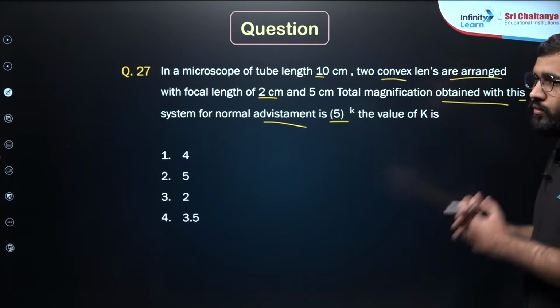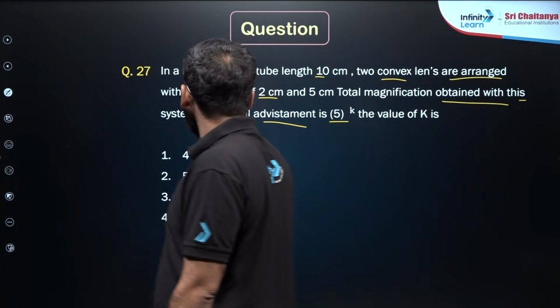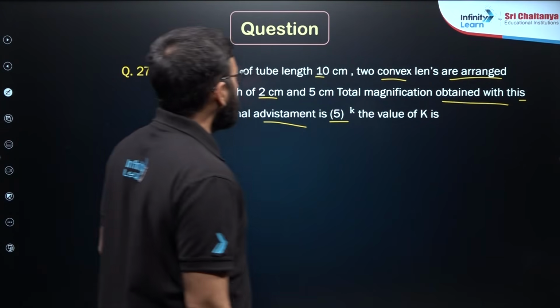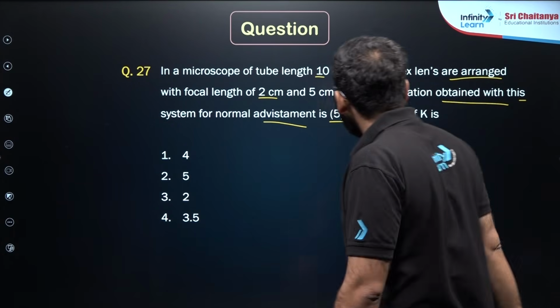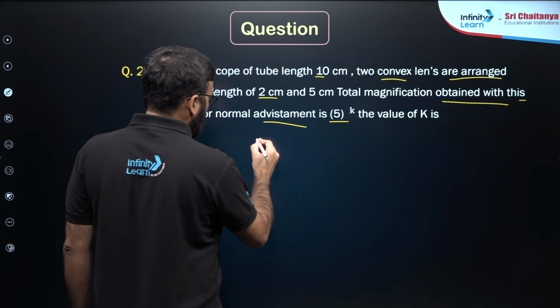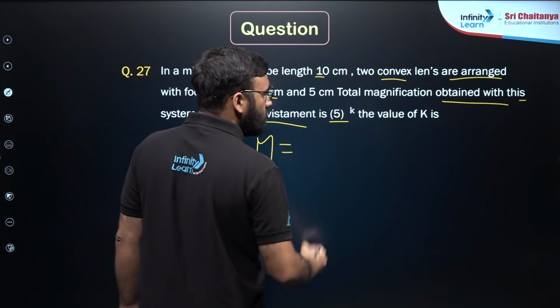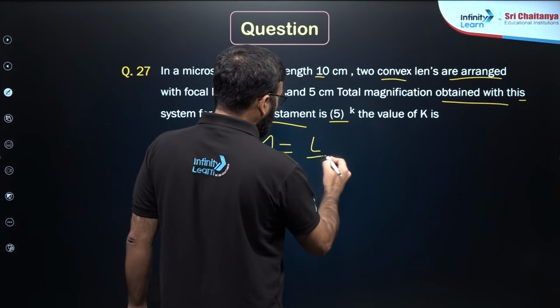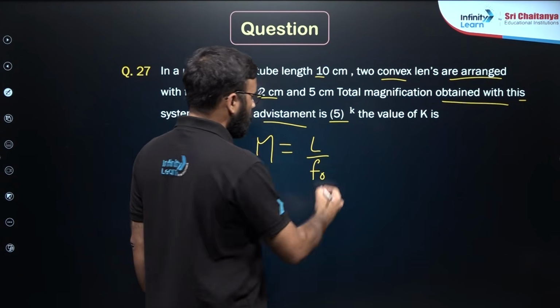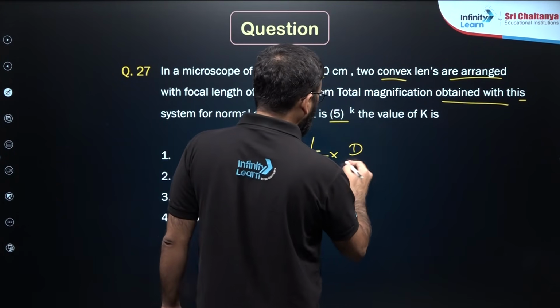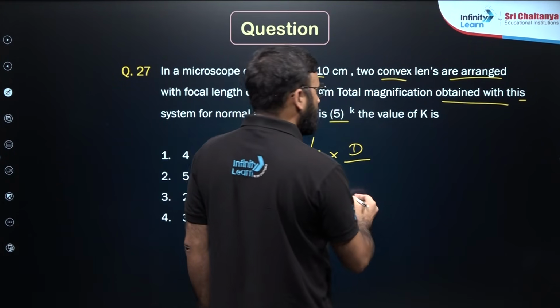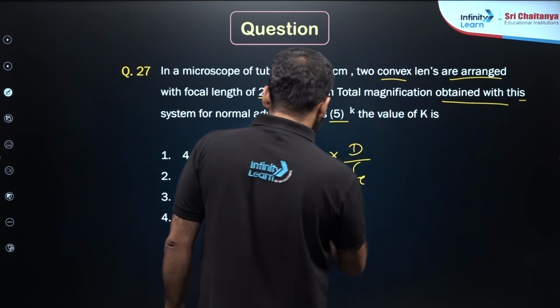The value of k they will ask. Now this is not a simple microscope, this is a compound microscope. What is the magnification formula of the compound microscope? M equals length of tube divided by focal length of objective lens, into D divided by focal length of the eyepiece. Everything is given.